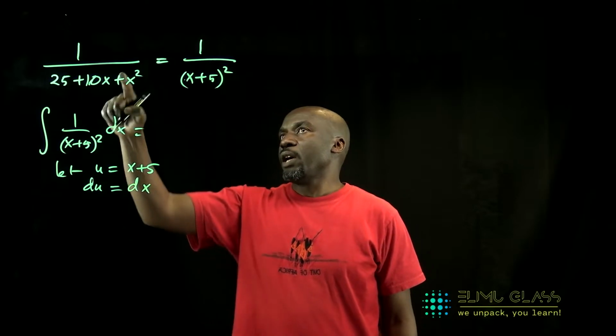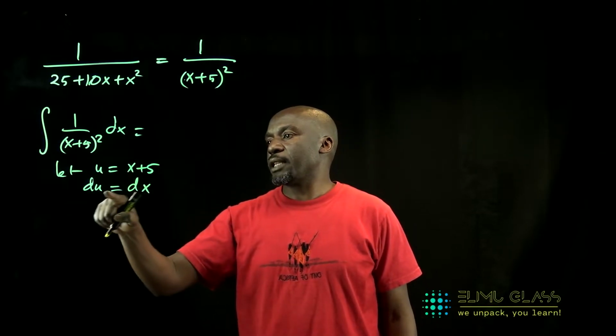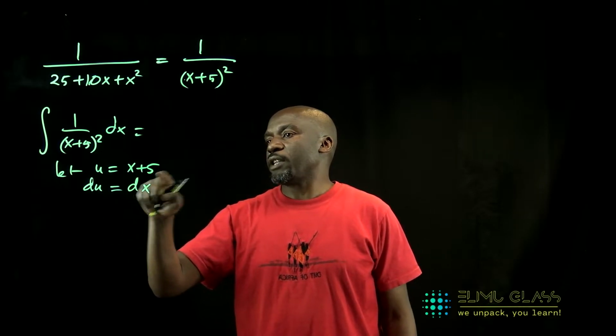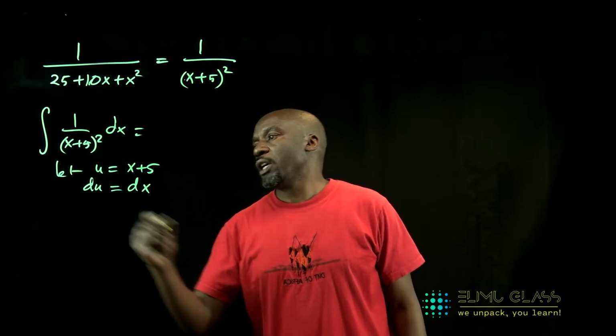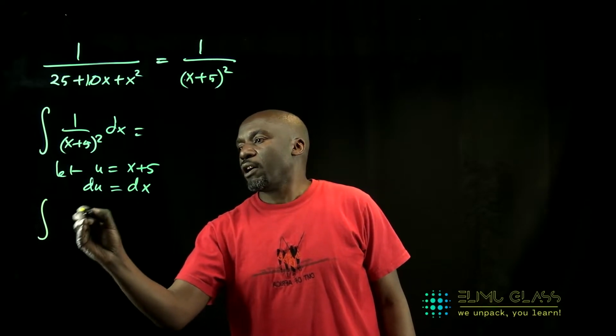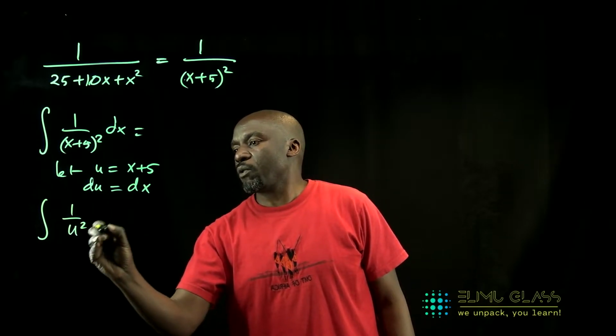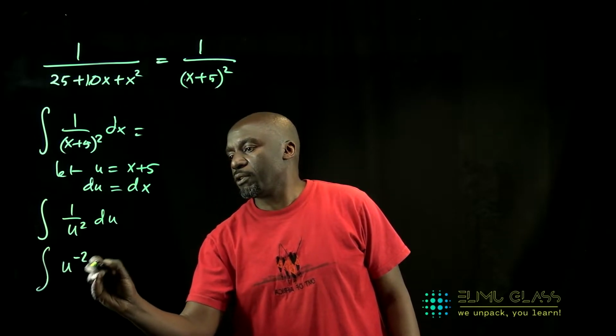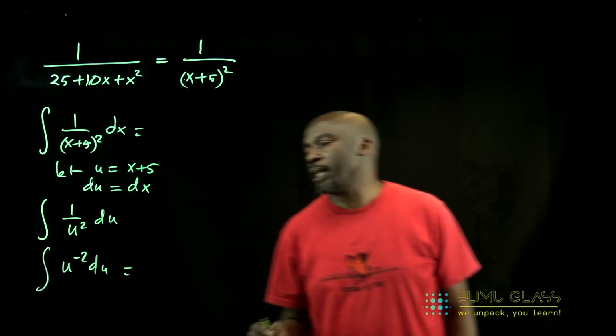We can substitute where there is dx, I can just put du, and where there is x plus 5, I can put u. So this becomes the integral of 1 over u squared du, which is the same as the integral of u to the power minus 2 du, which is really straightforward.